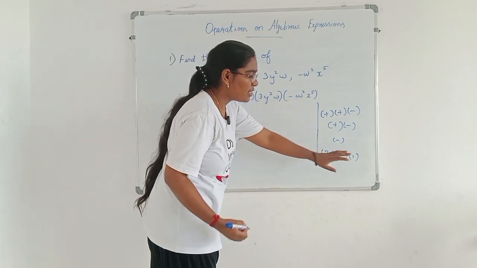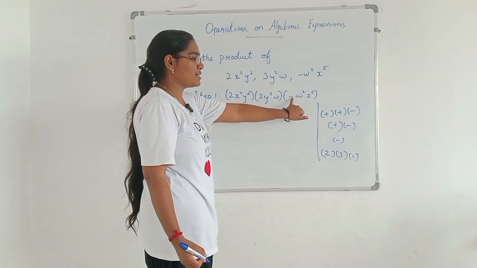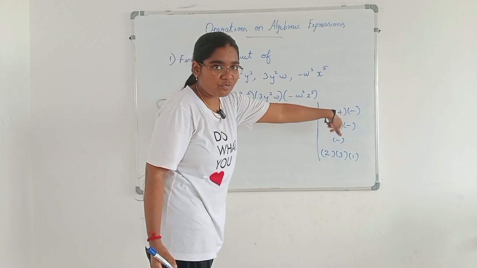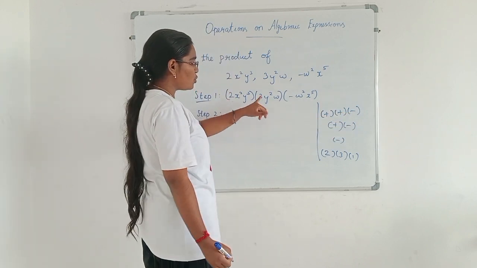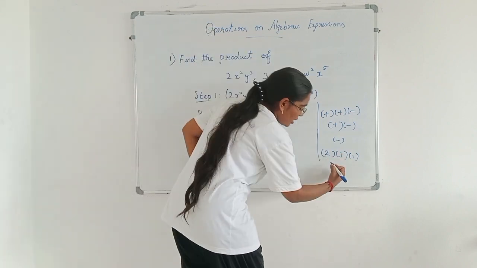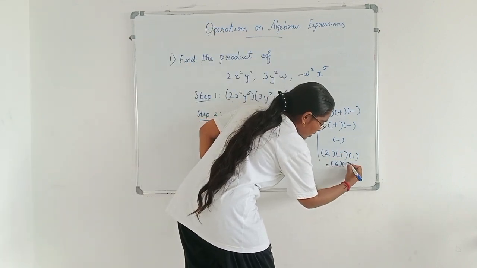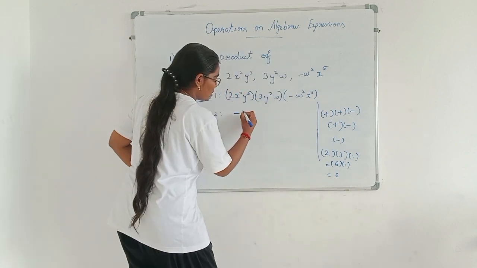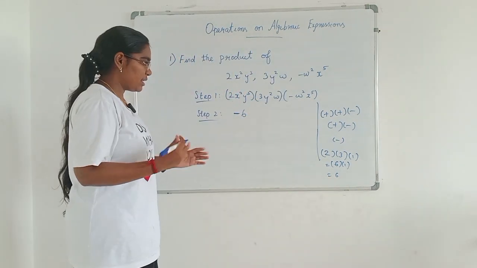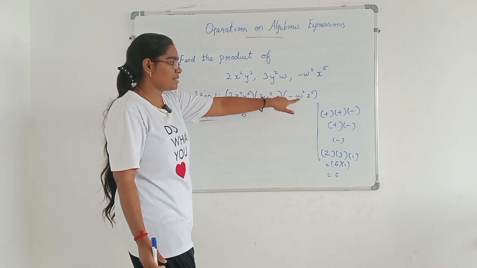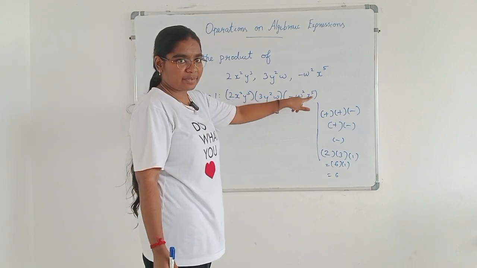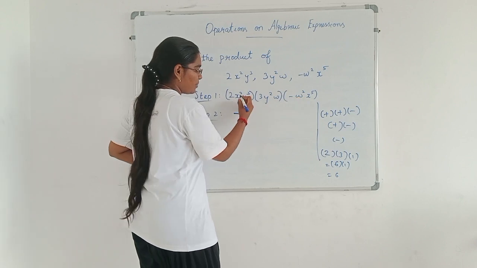You can consider it as just 1 because already we have considered this minus in the step 1 itself, in those signs itself. Okay, so 2, 3, 1. 2 into 3, 6. 6 ones are 6. So 6.